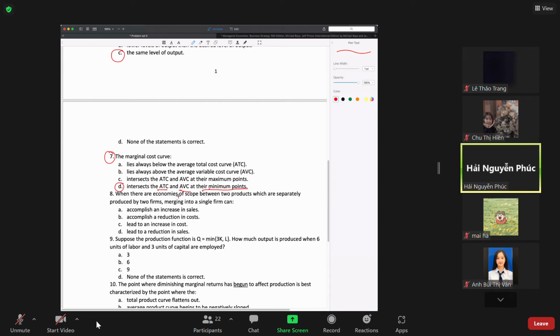Now then, number 8. When are the economies of scope between two products separately produced by two firms merging into a single firm? Actually they're asking you about the definition of economies of scope.